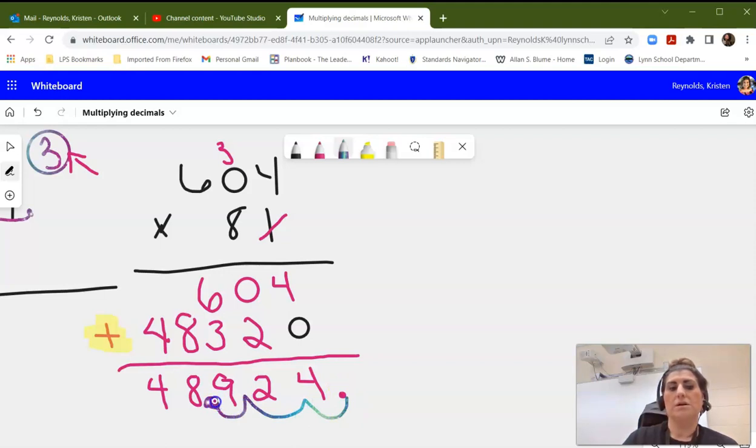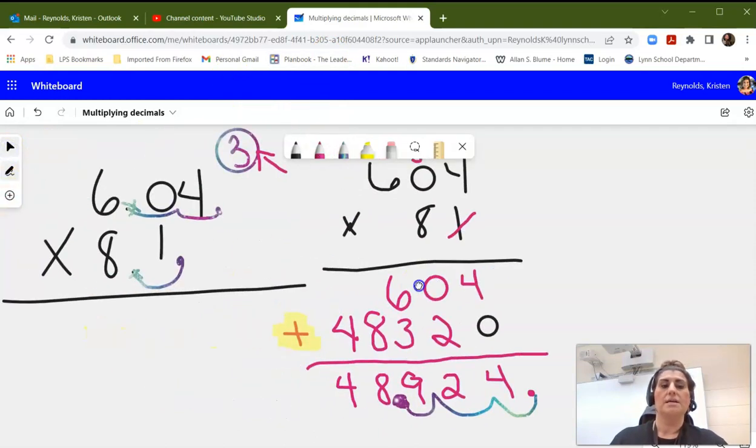So the answer is not this huge 48,924. It's actually 48.924 thousandths. So when the question is asking, what is 6.04 times 8.1? The answer is 48.924.